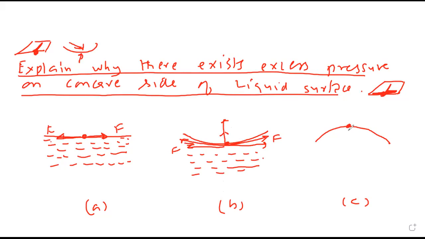Similarly, when you draw the force due to surface tension here, which is tangential, again I have 2 components: horizontal and vertical. Horizontal will cancel each other. This time the force is downwards, but on the concave side only. So there exists excess pressure on the concave side of the liquid.